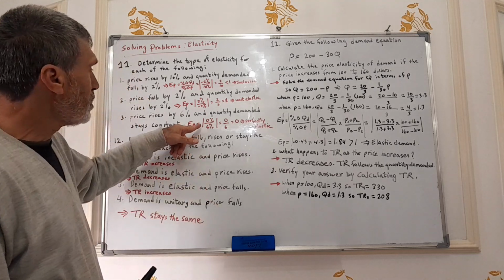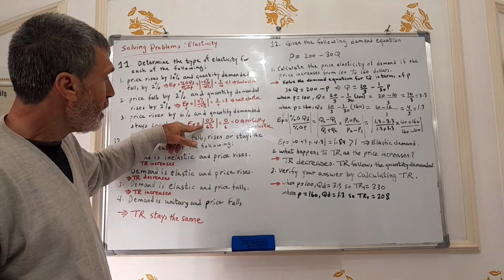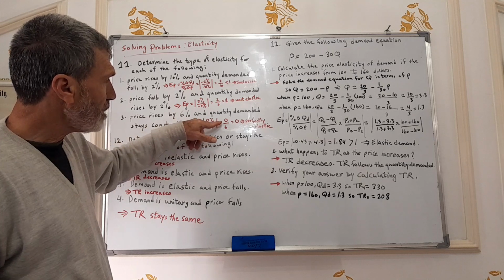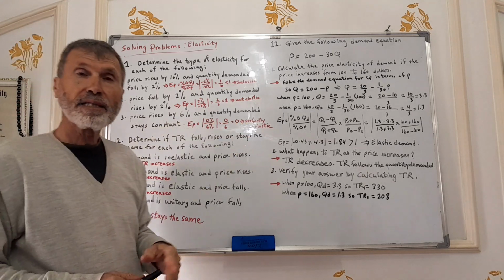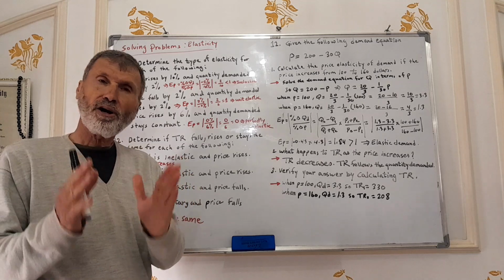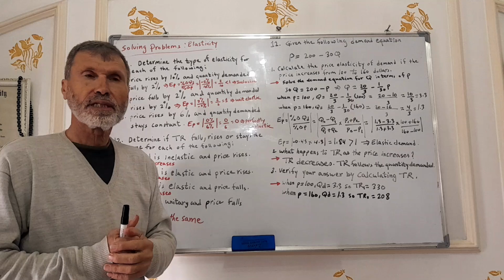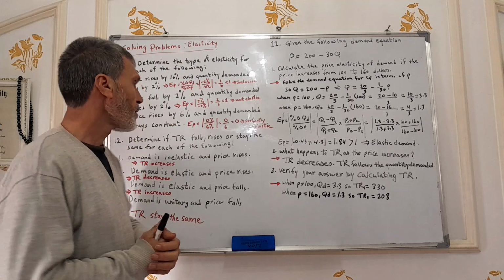Okay. So we get 0. Plug that in. EP is the price elasticity of demand. It is 0% over 6%. You get 0 over 6. You get 0, and that is perfectly inelastic. And the demand curve that corresponds to this is going to be vertical.